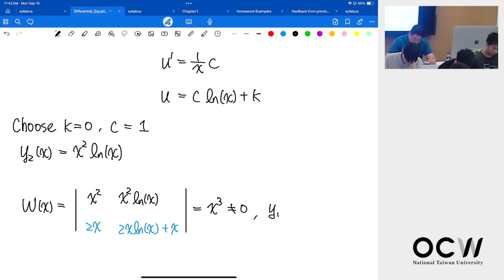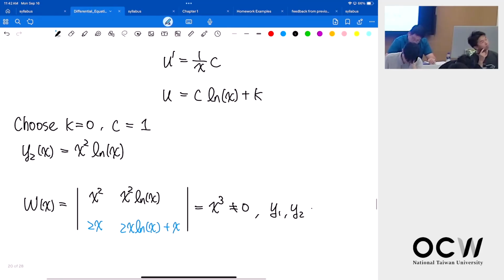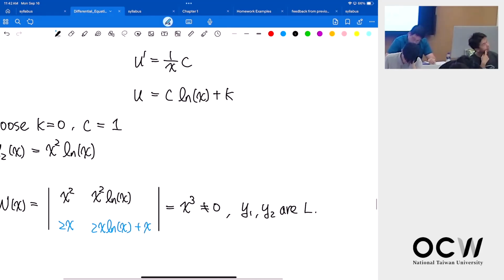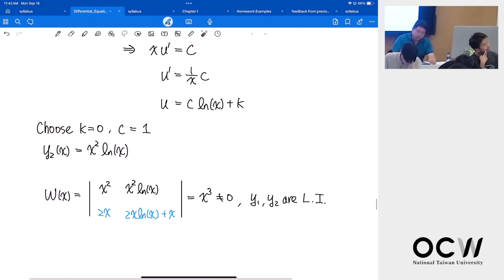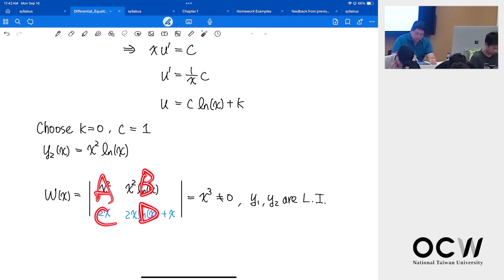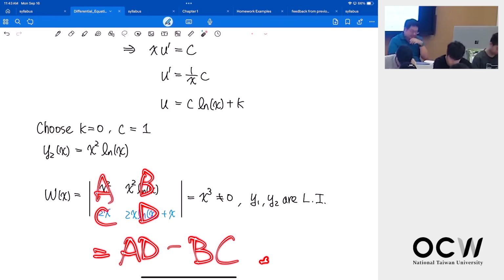So y1 and y2 are linearly independent. You know how to find the determinant, right? You multiply the terms diagonally and minus the off diagonal. So it'll be AD minus BC. Any questions for this?